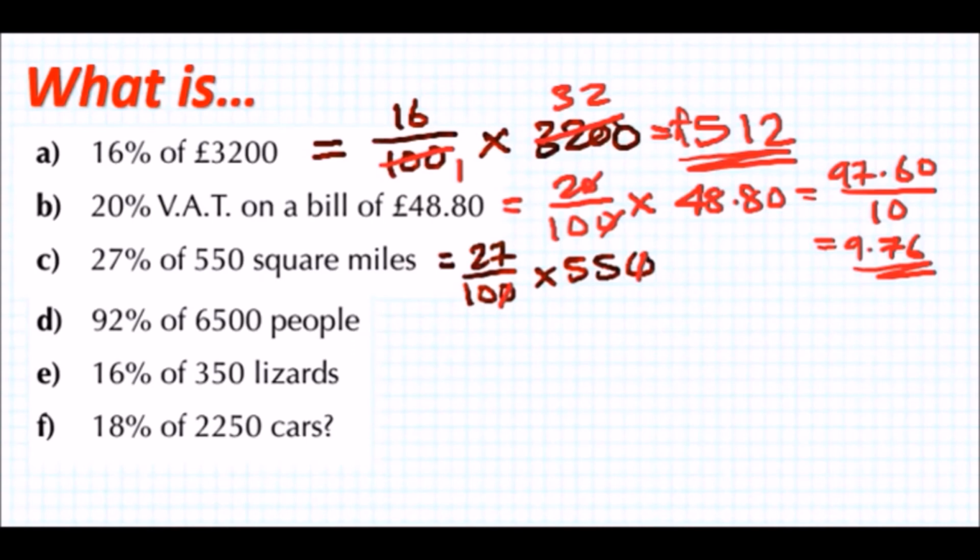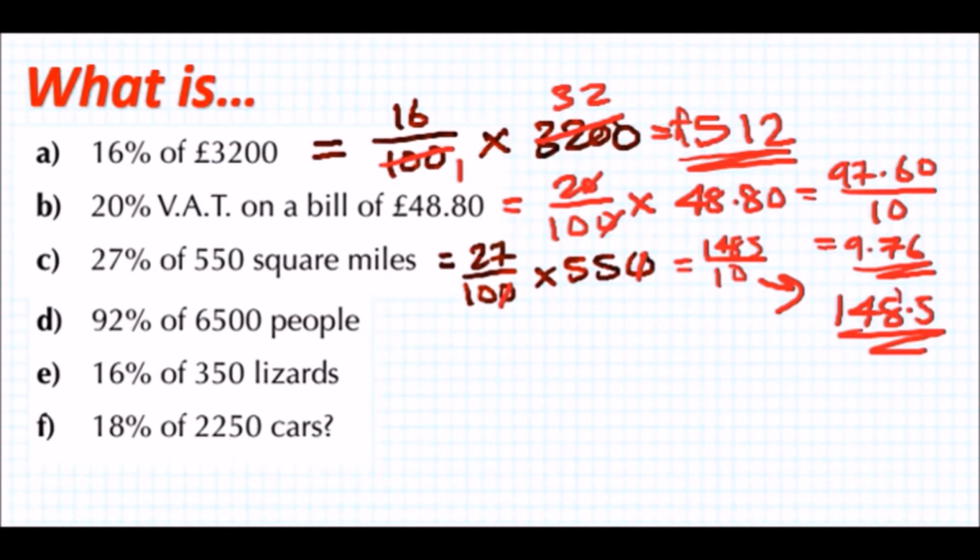Doing your long multiplication, you should get 1,485 all over 10. Because you divide by 10, the decimal place moves here, so it's going to be 148.5. That's it, 148.5. All right, well done. I'm running out of space, so let's look at part D.